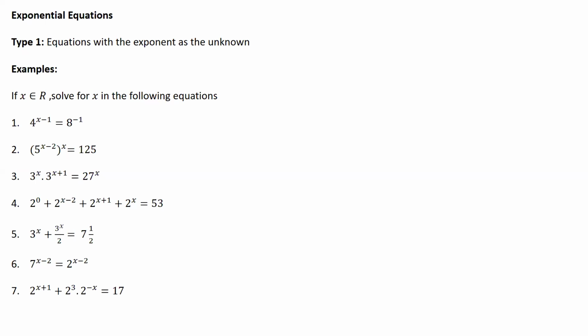Now, there are two types of exponential equations. The first type is equations where the exponent is unknown. So in all these equations that you see as examples here, the exponent x is unknown. At any particular time, we don't know x.